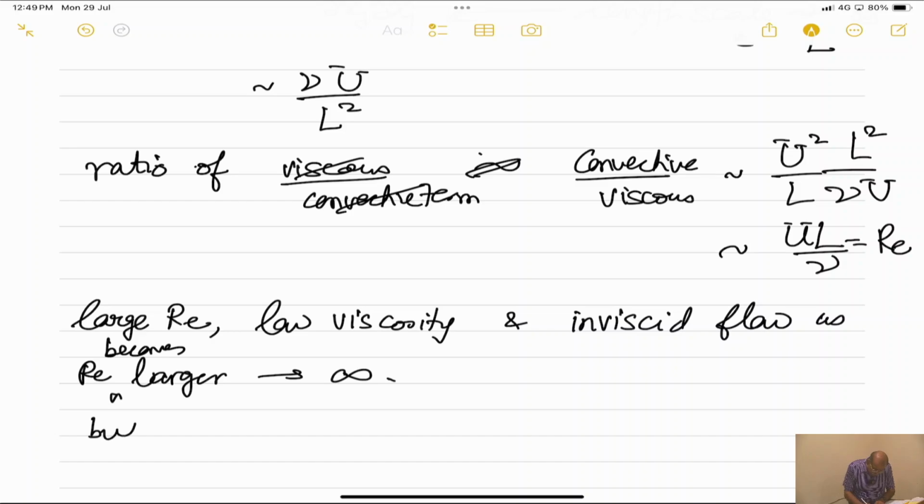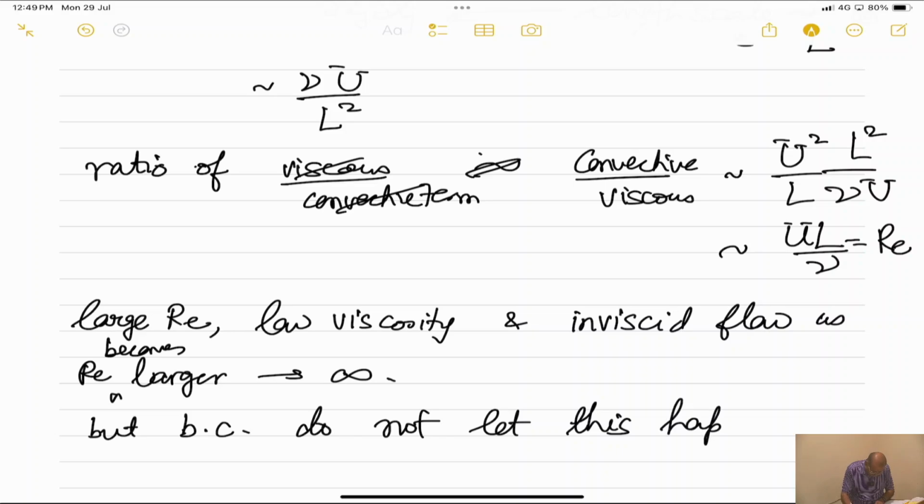But boundary conditions do not let this happen.